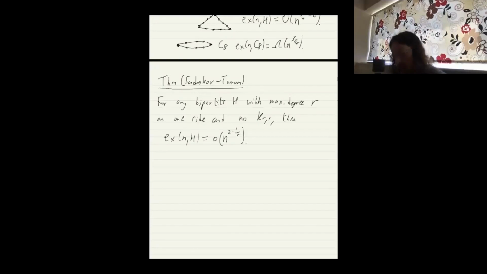The proof relies upon hyperregularity, so the little o is like some inverse Ackermann type thing. So it's a very, very slowly growing function.